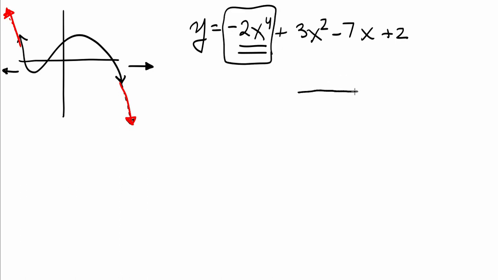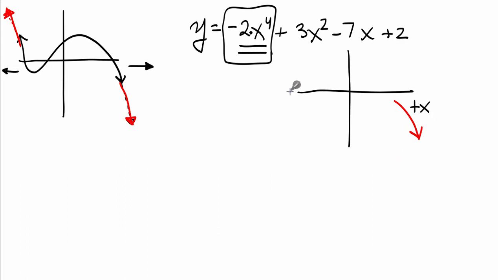Now, in this case, negative 2x to the fourth. If we think of x as some extremely large positive value, raise that to the fourth, that will be a positive number. But we must then also, at the end, multiply by negative 2, so the right-hand end behavior of this function is downward.